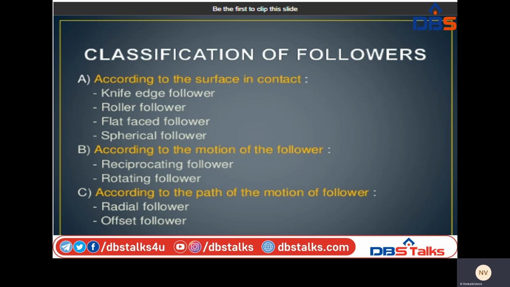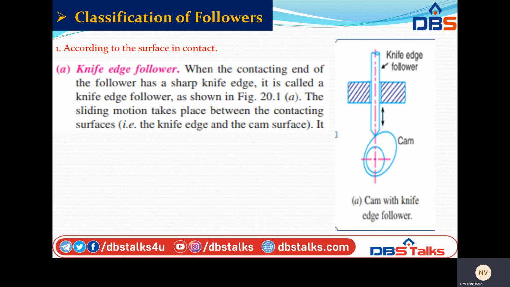According to the surface of contact of the follower, they are divided into four varieties: knife edge follower, roller follower, flat faced follower, and spherical follower. Let us see that now. First, the knife edge follower.